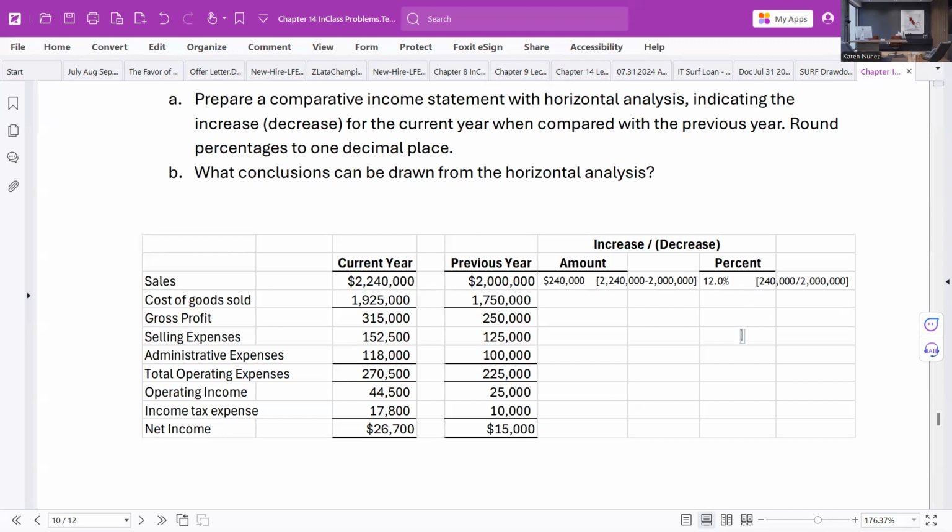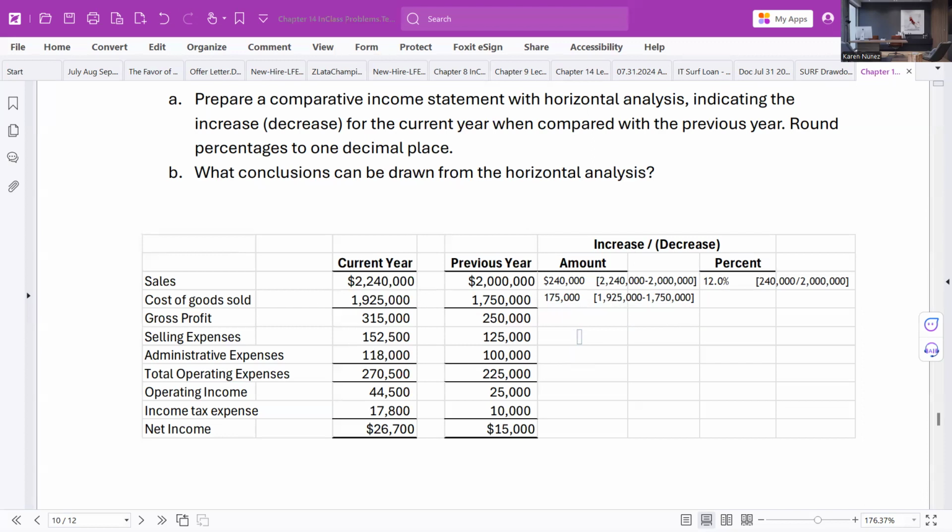And we want to do the same thing with cost of goods sold. We need to be able to measure the amount of the increase or decrease in that cost of goods sold. So the 1,925,000, we want to subtract, if you will, the 1,750,000. That's what we're going to do here. We're going to subtract that 1,750,000 from the 1,925,000. So the increase in cost of goods sold is $175,000.